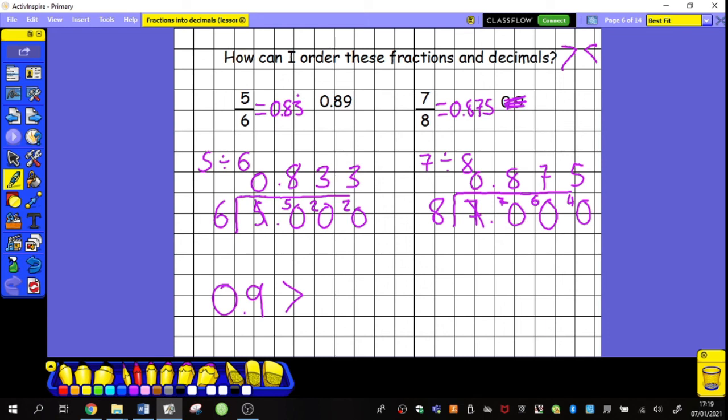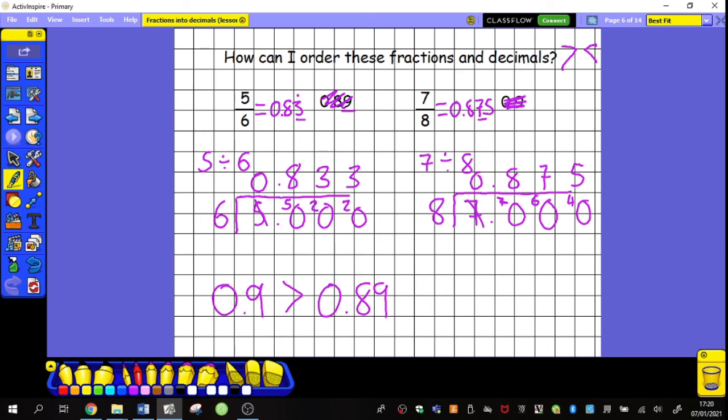Next one, I've got 0.83, 0.89, 0.875. So using my knowledge of ordering, I know that if I've got 0.8 on all three numbers, then I go to the next column. My next column has a 3, a 9 and a 7. So the 9 is going to be the biggest one, 0.89. Okay, now I've got 2 left. I've got 0.83 and 0.875.